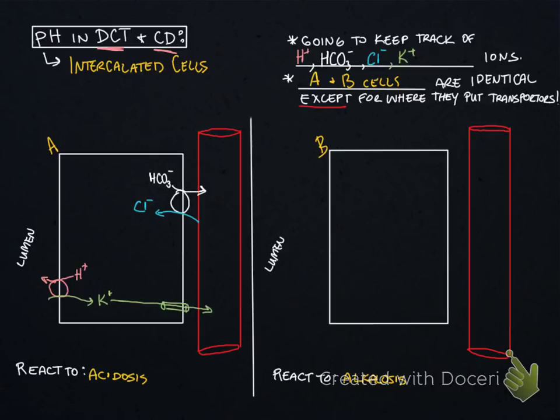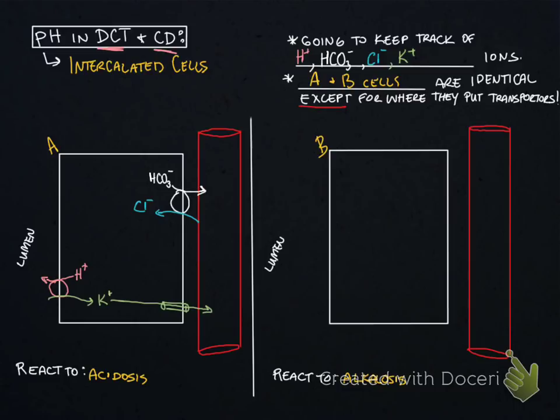Potassium usually always has some sort of open channel. So in this situation, we're going to reabsorb potassium ions in order to decrease what? Hydrogen ions. That's helping to correct our acidosis. Does that make sense? If not, we're going to do the reverse, so maybe that'll help.